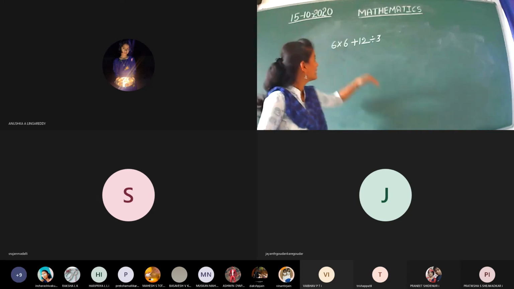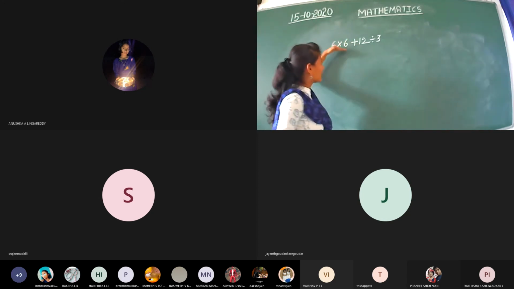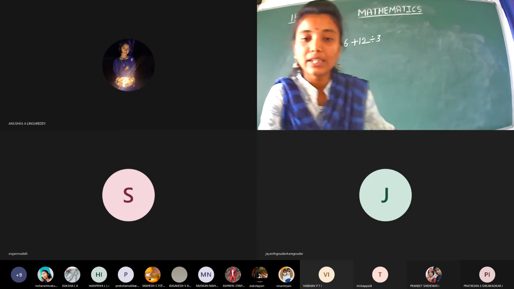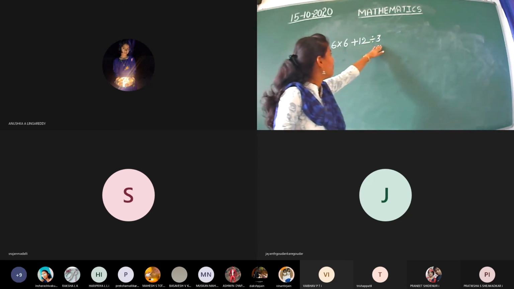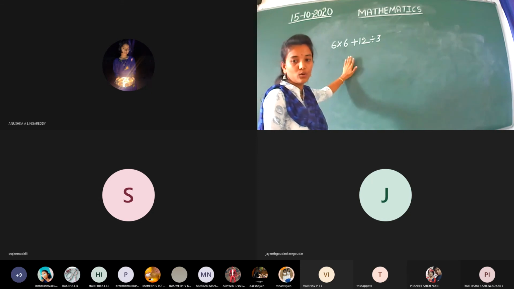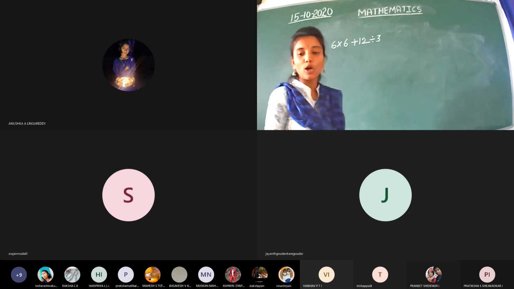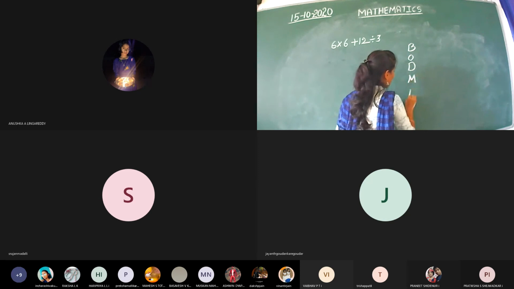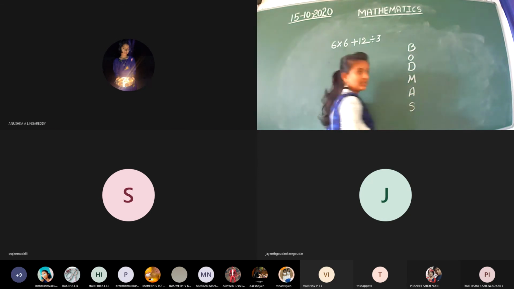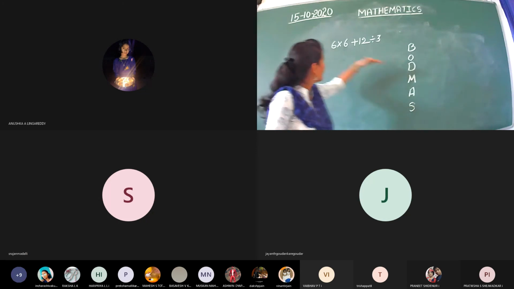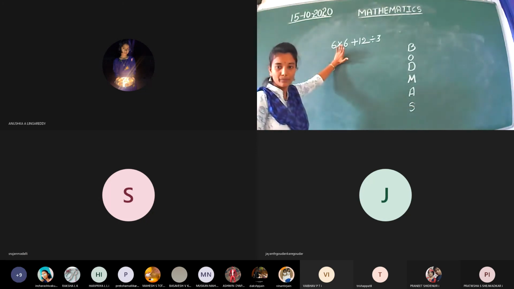But see here, 6 into 6 plus 12 divided by 3. For this we will use the operation rule. That rule is called BODMAS. Yes, this is the BODMAS rule. By using this rule, we can solve the problem.